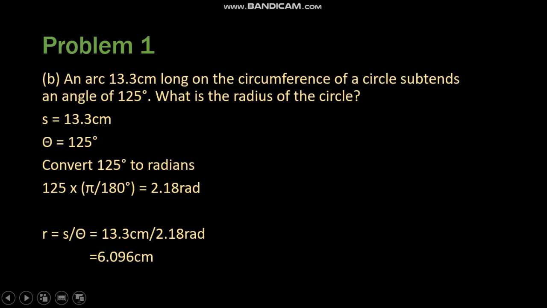But in this problem, since the degrees are given, we have to convert to radians first. So we multiply by pi over 180 degrees, which gives us radian units, which is 2.18 radians.